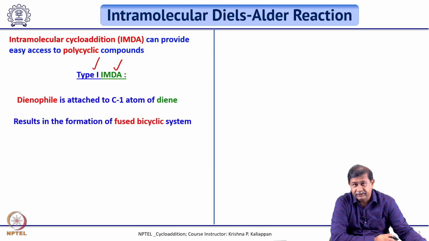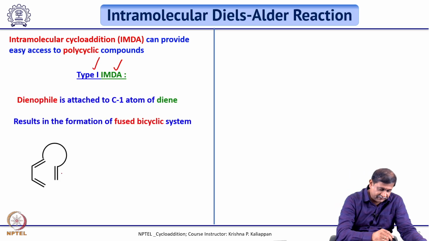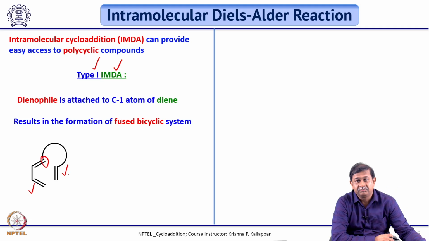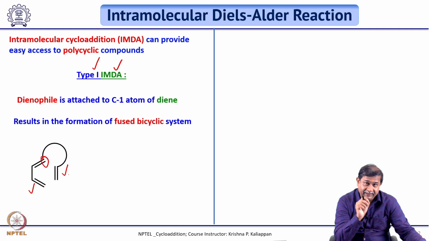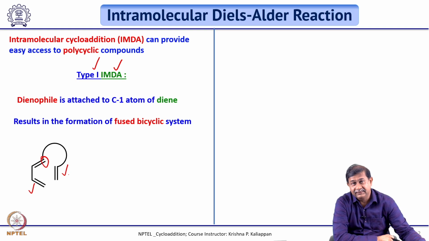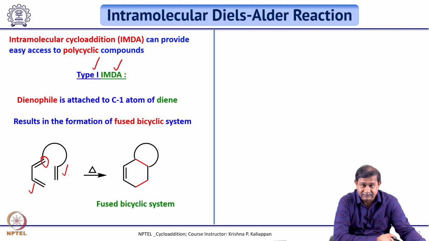Here you have the dienophile. Assume that this is the dienophile and this is the diene. Now, this dienophile is attached to carbon number 1 of the diene. If the intramolecular Diels-Alder reaction takes place in such a system, where the dienophile is connected to carbon number 1 of the diene, then this type of reaction is called type 1 intramolecular Diels-Alder reaction.